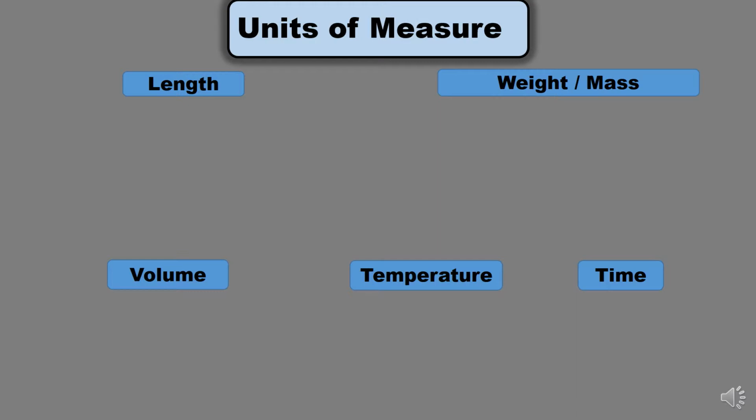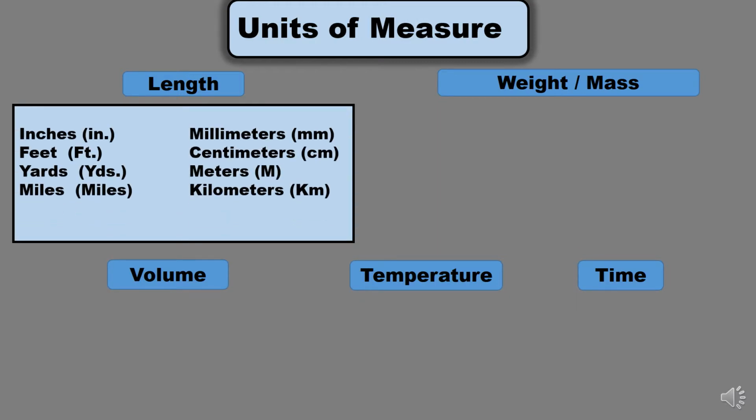Now then, here are some units to measure. It is expected pretty much that in chemistry you memorize most of these, but most of you already know these units because they're pretty familiar.